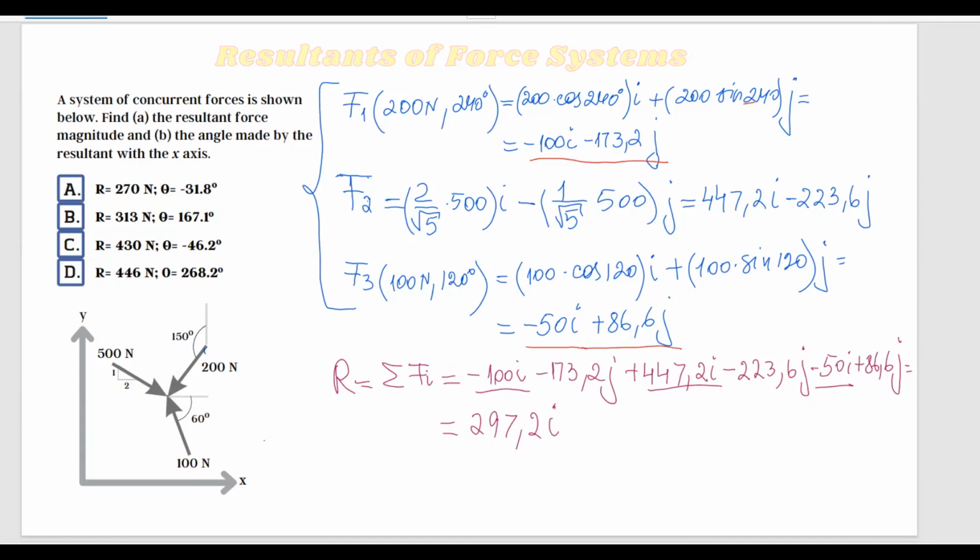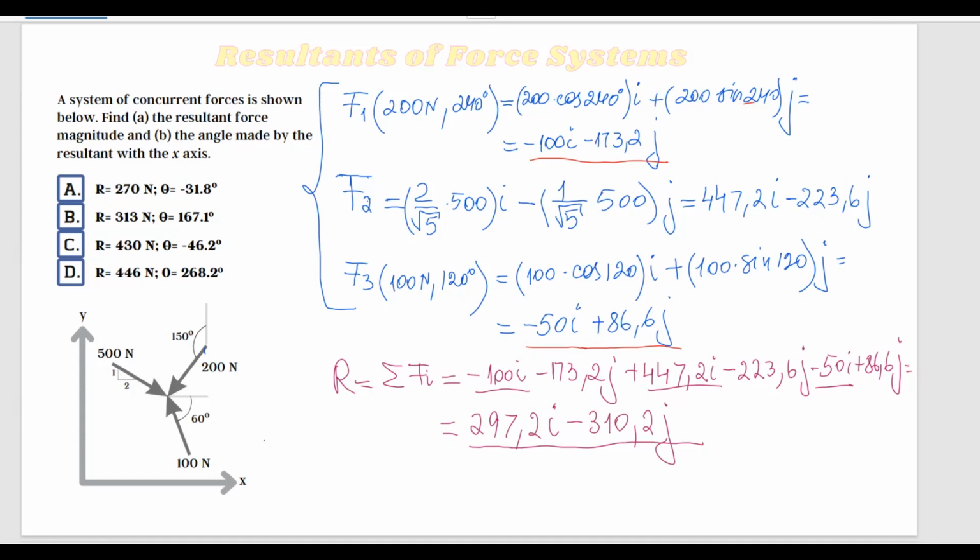I have 173.2 minus 223.6, the minus as well. Add them up. And I also have 86.6, and this is a positive term. The result is minus 310.2, and this is the J. So this is the resultant vector.